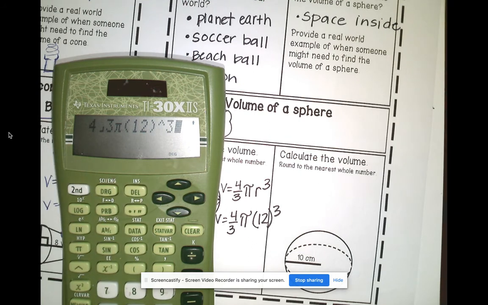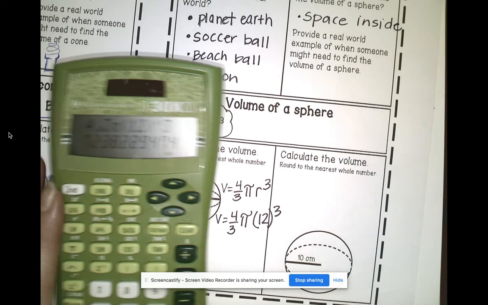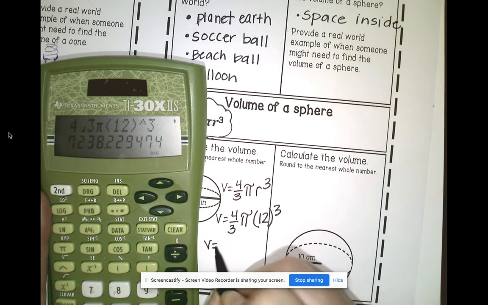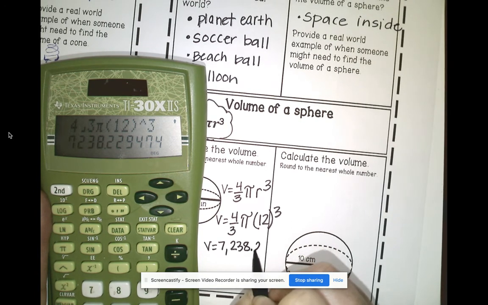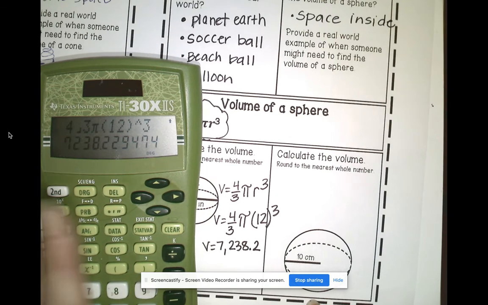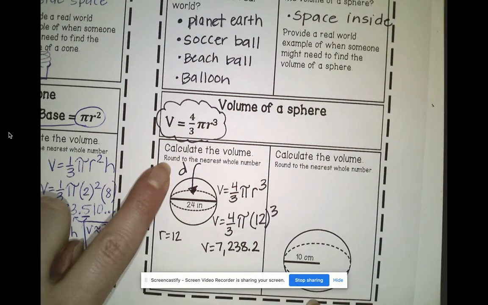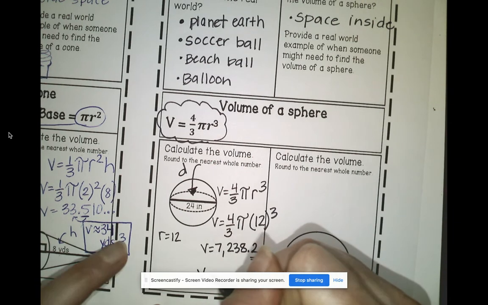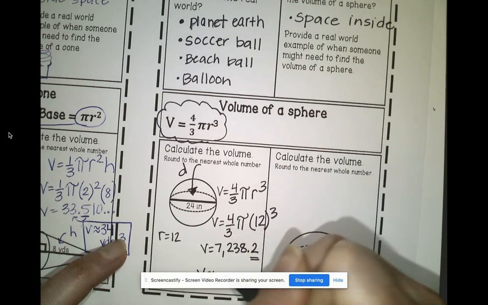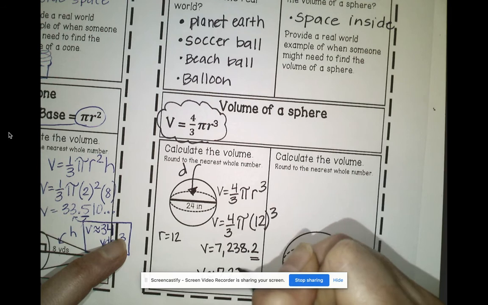Raised to the third power, equals. I'm going to write to the tenths right now, but it asks us to round to the nearest whole number. This is not 5 or higher, so it is going to stay the same. So this is about 7,238.